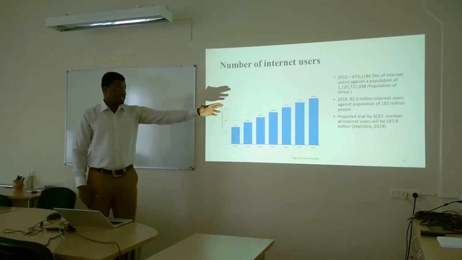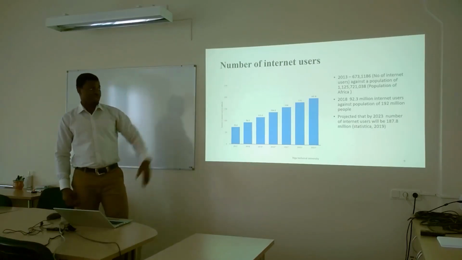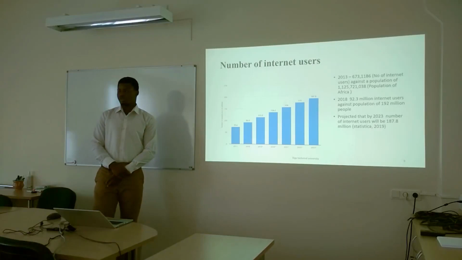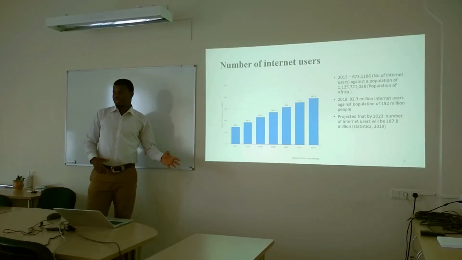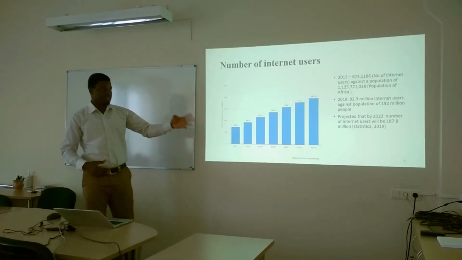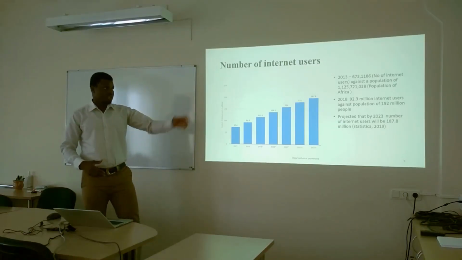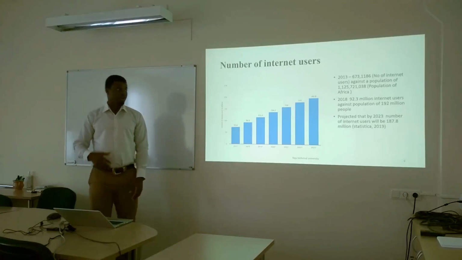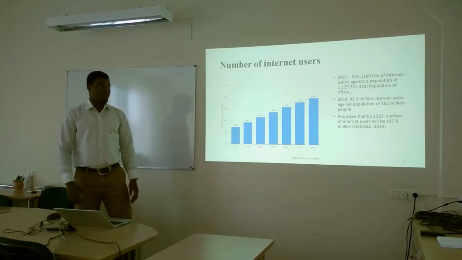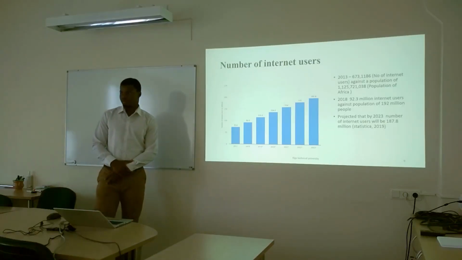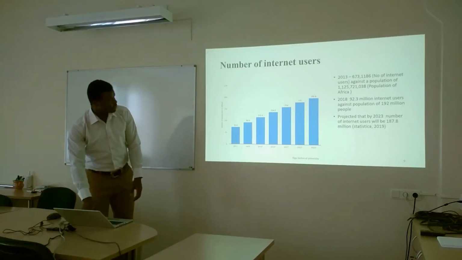Then in 2018, there were 92.3 million users out of a population of 192 million people. Based on the projected estimate from Statista, by 2023 the number of internet users in the country would be 187.8 million people.